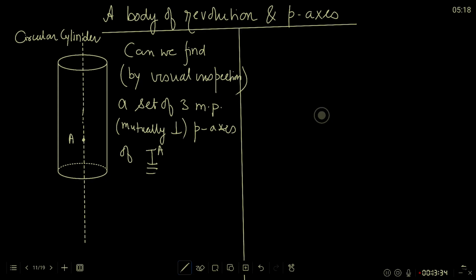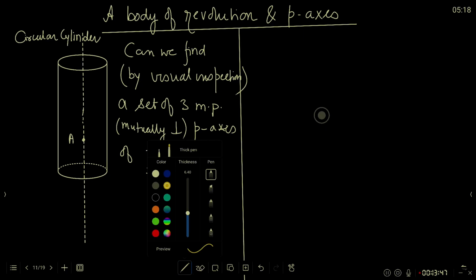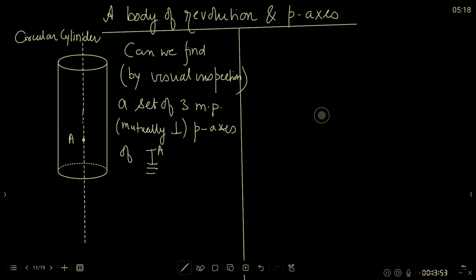How do we find that? By using the idea of plane of symmetry. Recall, if I can identify a plane of symmetry that is passing through A, in this case, let's consider this plane of symmetry.